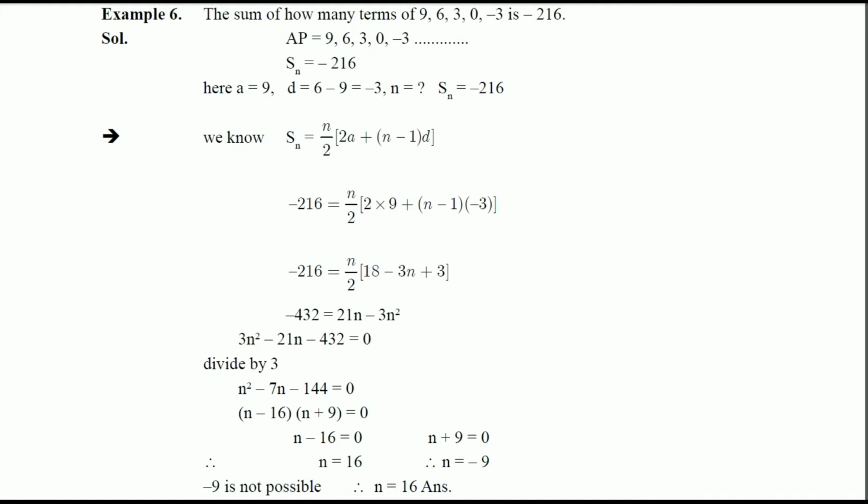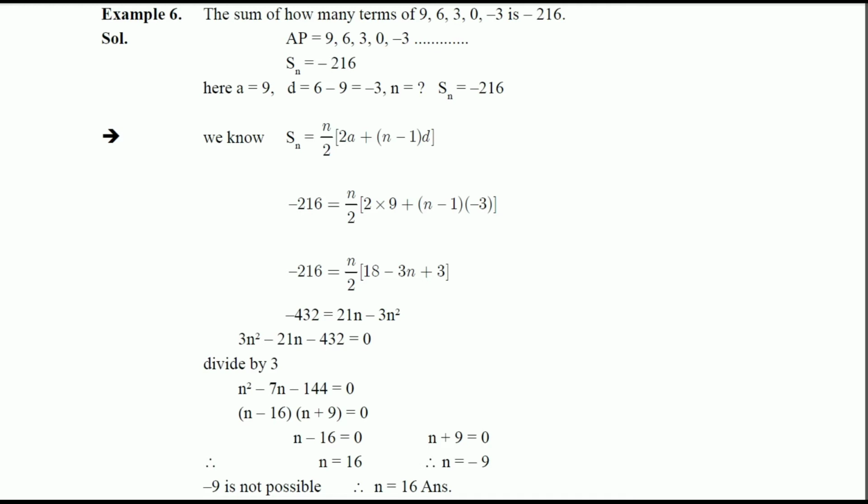In the next line, 2 goes to the left hand side and multiplies with 216. We have -432 equals n into 18 plus 3, that is 21n, and n into -3n is -3n square.